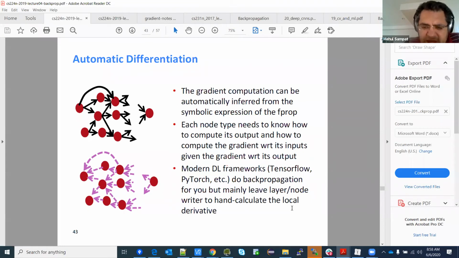He was mentioning that the modern DL frameworks do all the backpropagation for you, but mainly leave the layer node writer to hand calculate the local derivatives. I've built networks and never had to do that by hand. I don't know what he means here. This is one thing I didn't follow, why he means hand calculate, because I will show you a PyTorch example, and there's no hand calculation I'm doing there.